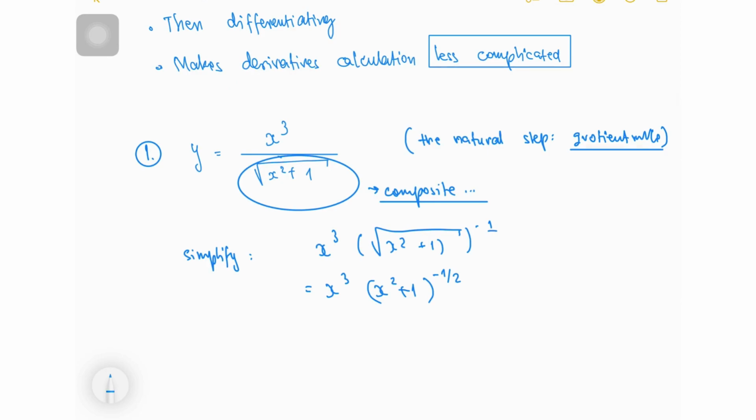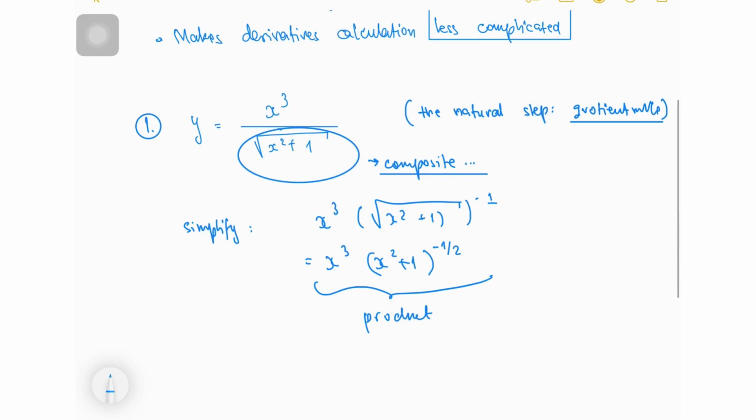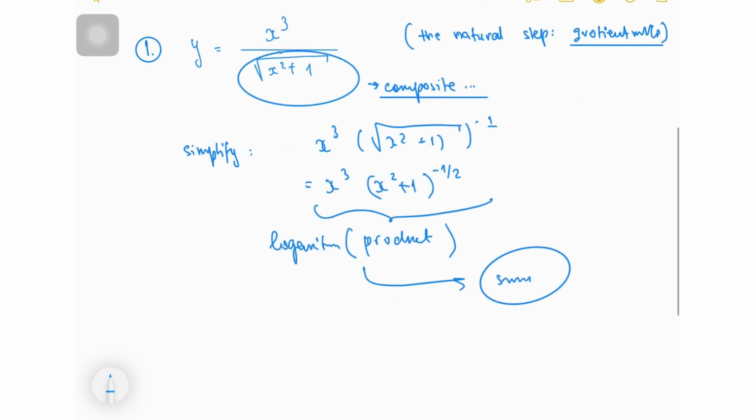Now this is a product, and when you take the logarithm of a product, it becomes a sum, and a sum is very easy to differentiate. So if we take logarithms, then we would get something which is easy to differentiate.